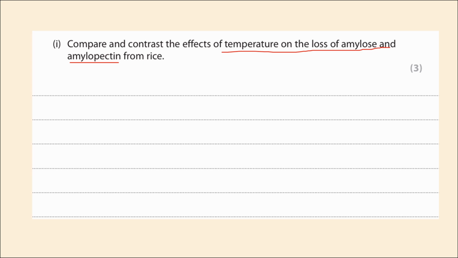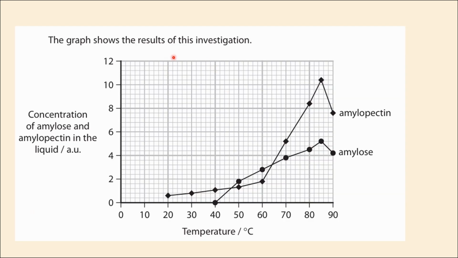of the data. When we closely examine the graph, we can see that the loss of both amylose and amylopectin increases with temperature, but only up to 85 degrees Celsius. And beyond this point, both compounds begin to decrease.